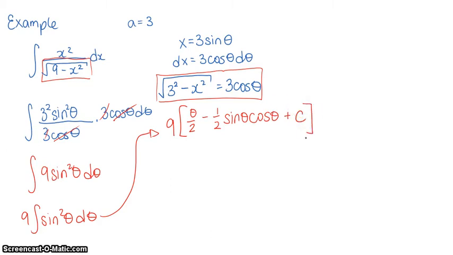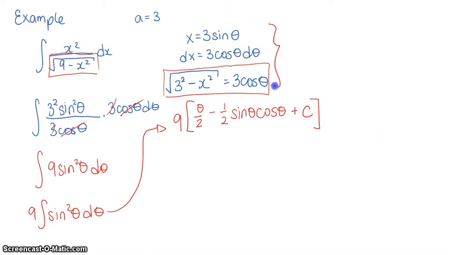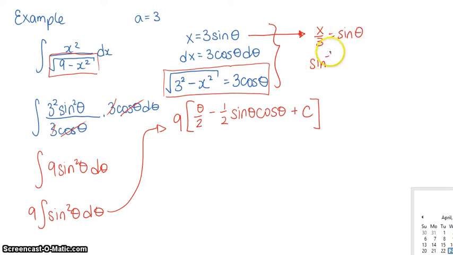What we now need to do is replace my thetas with the information we have here. Using the substitution, I can use this to figure out that x over 3 is equal to sine of theta. To isolate for theta, we use sine inverse. So sine inverse x over 3 is equal to theta.